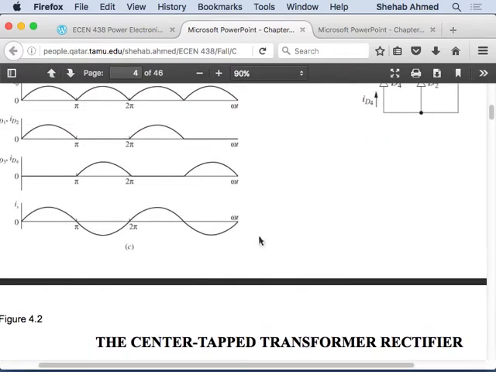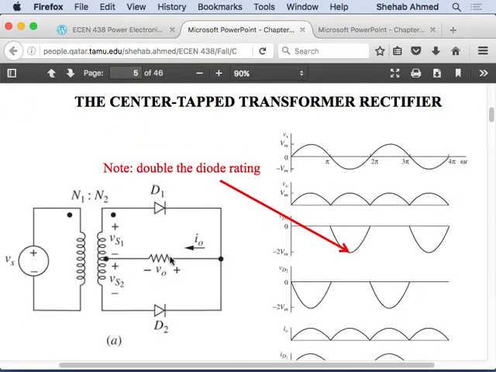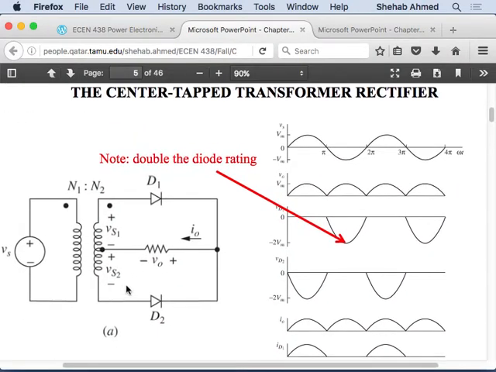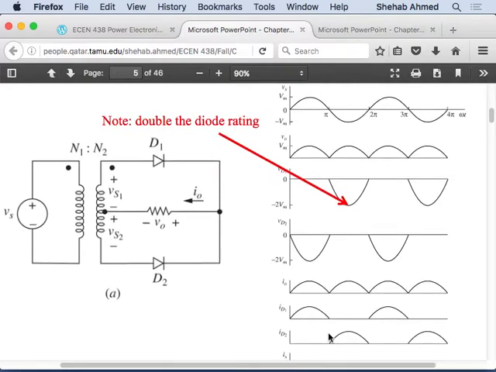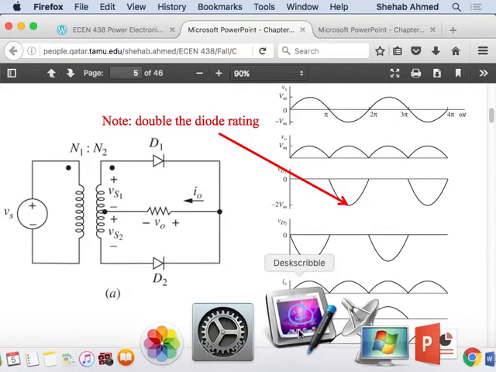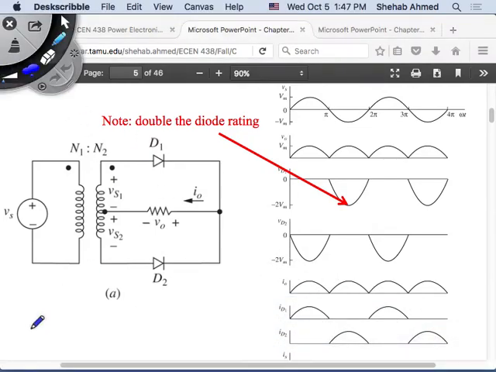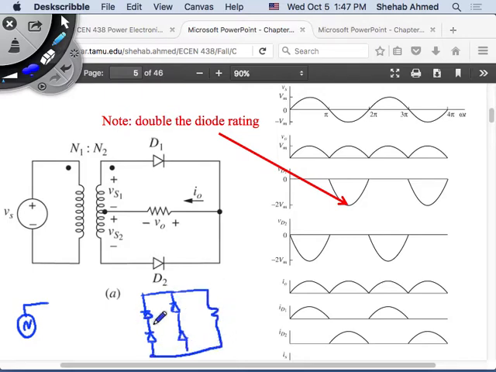So here I can use a transformer, right? And that's where this next circuit is one application of adding a transformer to your circuit. One way of doing it. The other way, of course, is to use a full bridge. So you can add in the previous circuit that we studied. We can have your source here, and this is your diode rectifier, and you can add your transformer here.